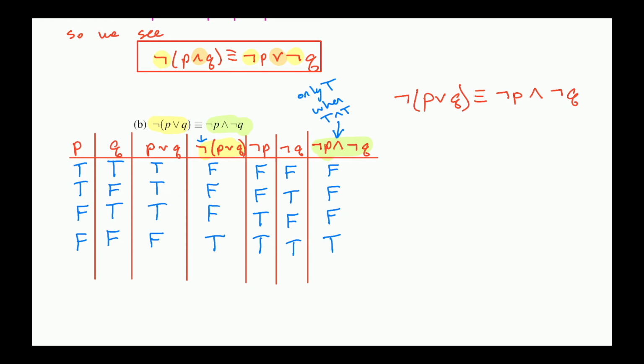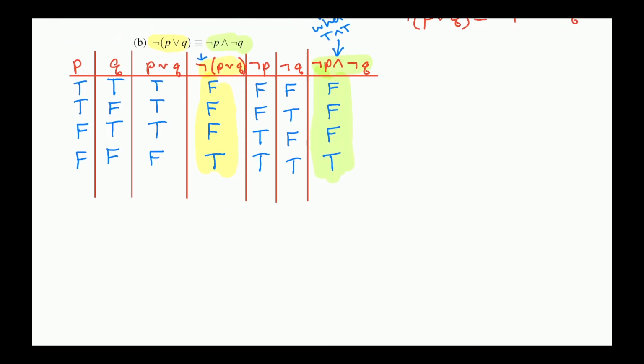All right. So then we look at this column here, and we compare it to the other one here. And of course, they're the same, which means that we did verify that identity. Logically equivalent.